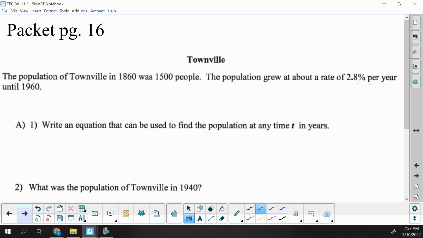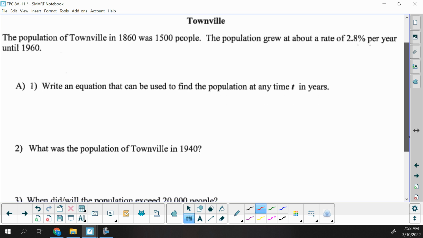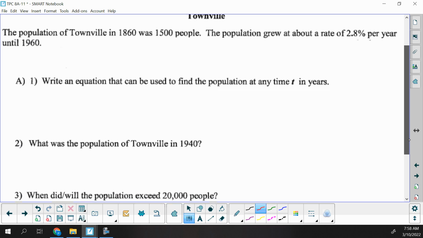All right, so in our packets, let's go to page 16 now. So you've got a scenario there. In Townville in 1860, there was 1,500 people. Population grew at a rate of 2.8% per year until 1960.